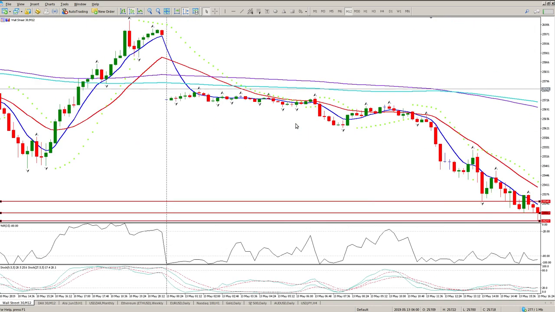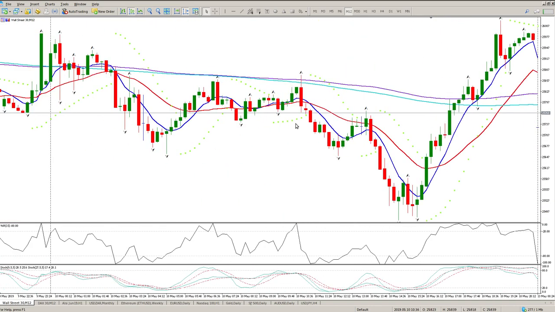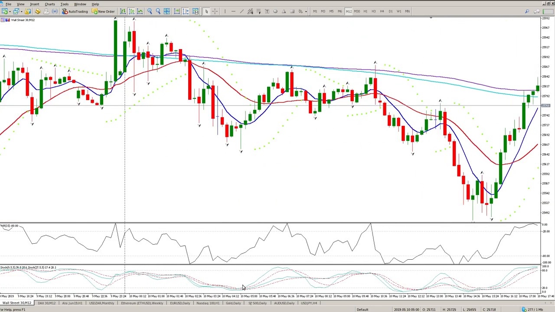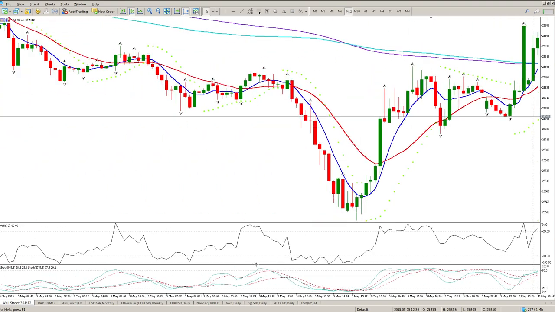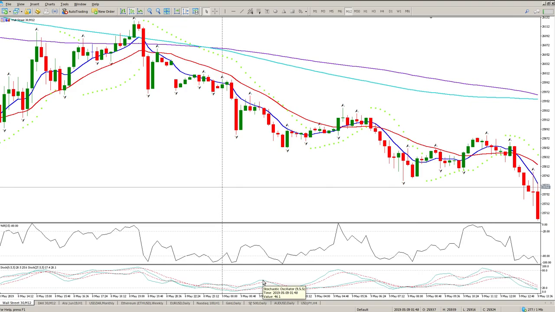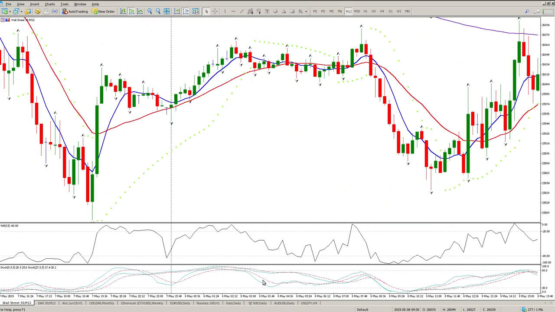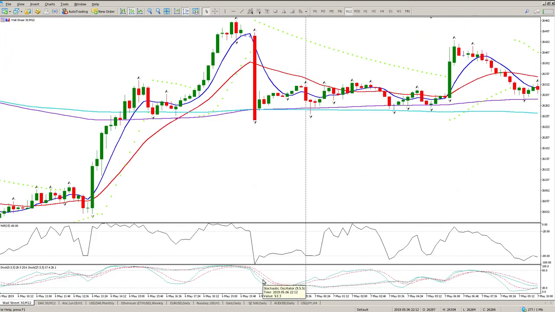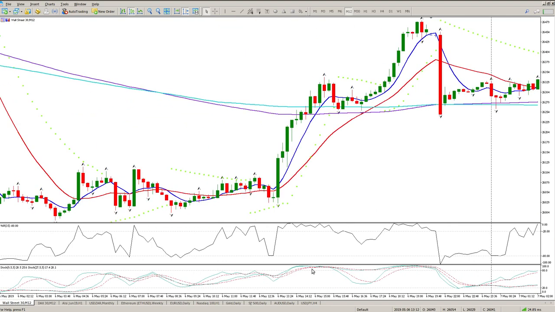Okay, the next thing I want to show you is a different scenario related to the stochastics. Okay, so just bear with me a second while I find one. And again, as I'm scrolling, you can see grouping of the oscillators.